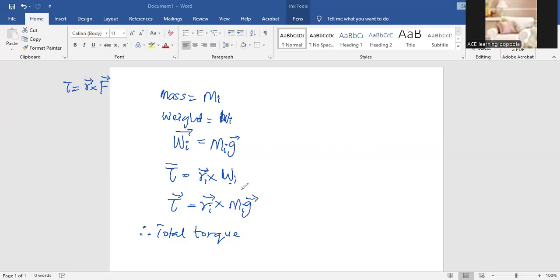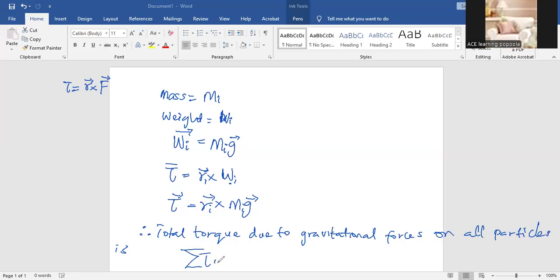So the total torque due to gravitational forces on all particles in an object is summation tau equals position vector r1 times m1 g, it's a vector, plus position vector r2 for each particle, one by one, times m2 g, plus position vector r3 times m3 g, and so on and so on.